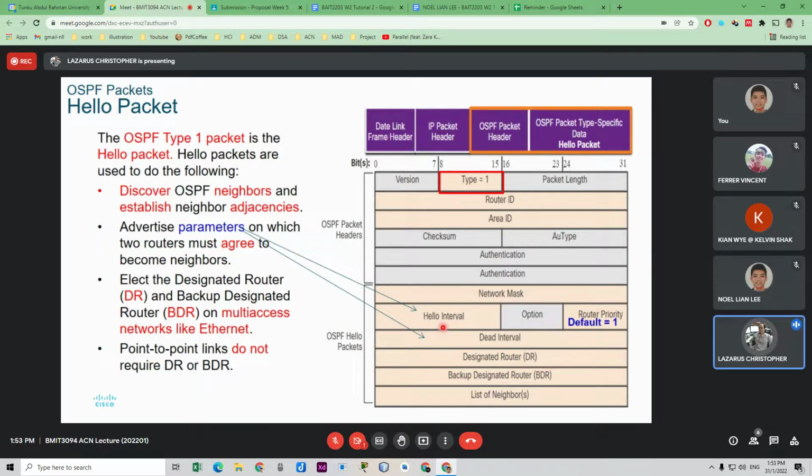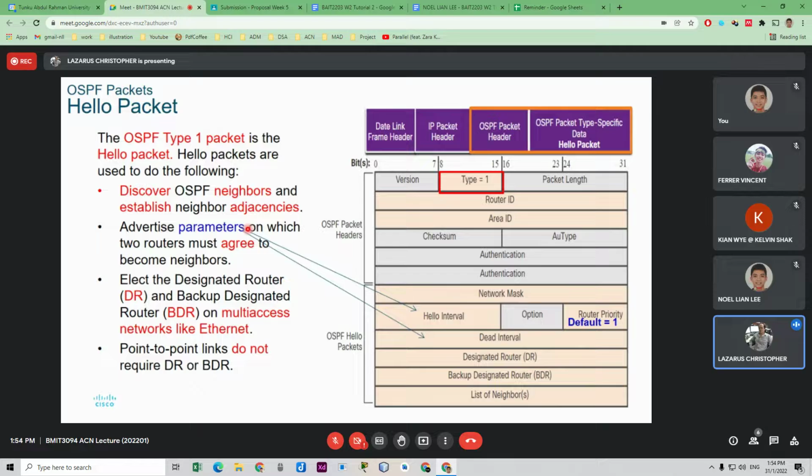Remember during configuration earlier on, if you want the 2 routers to become adjacent, both settings of hello interval and dead interval must be exactly the same. If you set 5 for router 1, then router 2, the neighbor, has to be set to 5 also for hello interval. If they don't agree, then they cannot form adjacencies, right?